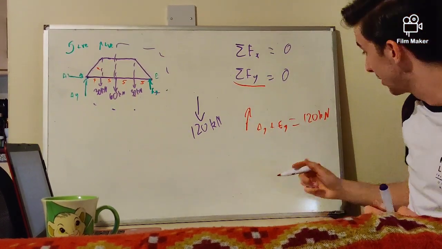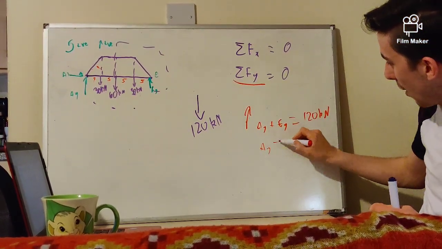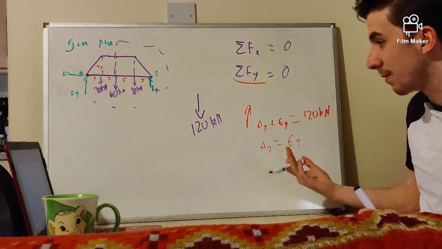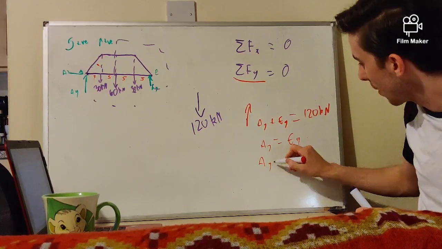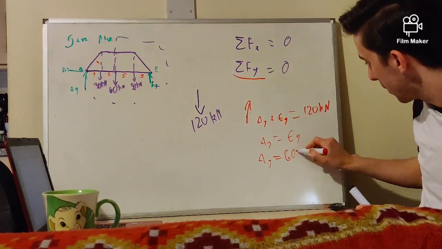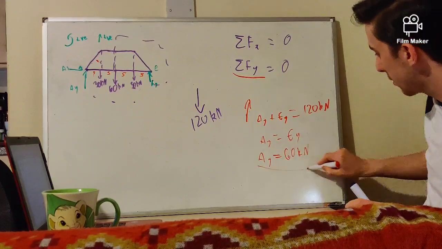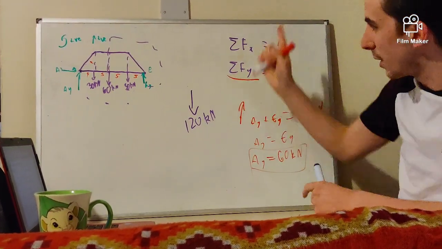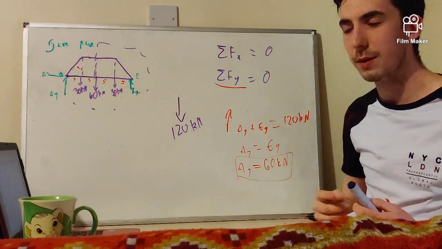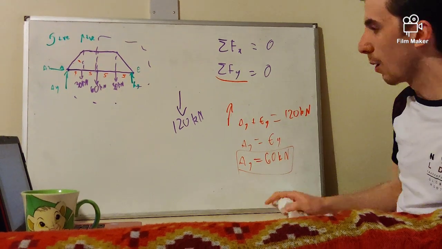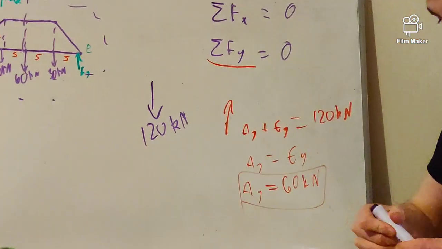Because it's symmetrical, we know that AY must equal EY. So they both have to be the same value. So AY must be 60 kilonewtons. Because it's symmetrical and the sum of the forces all in that direction add up and everything's fine. Right. So we've already got one of them.